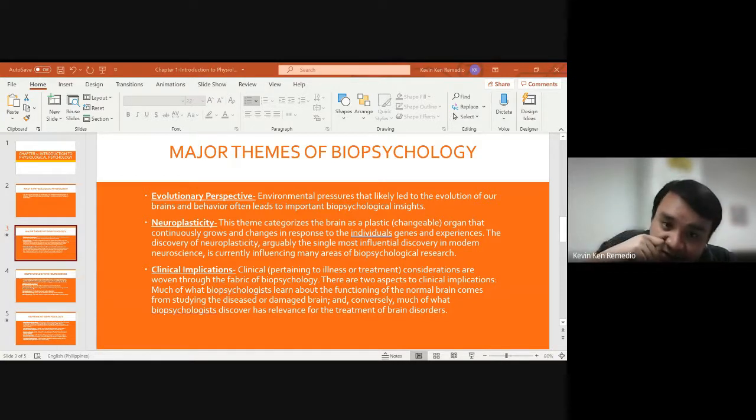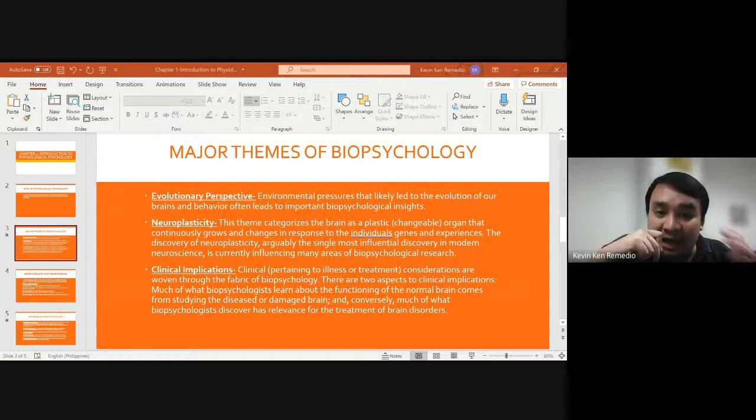Genetics, number one. There are some psychological disorders, especially neurodevelopmental disorders, that can be attributed to the genes of the person. Meaning, naa siya ani tungod kay a person in his or her family had this as well.